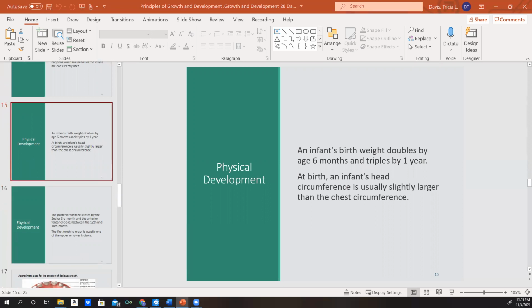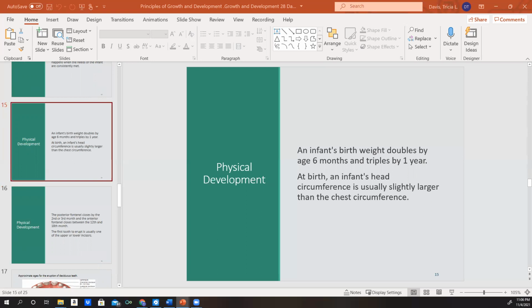So when we talk about physical development in the first year, this is going to be a time where this baby's height and weight are going to increase rapidly. During the first 6 months of life, the infant's birth weight will double and their height is going to increase about 6 inches. Growth will start to slow down slightly during the second 6 months, but it is still rapid.